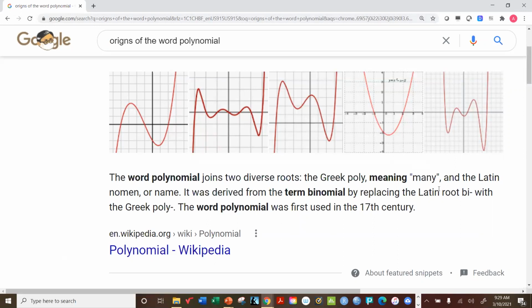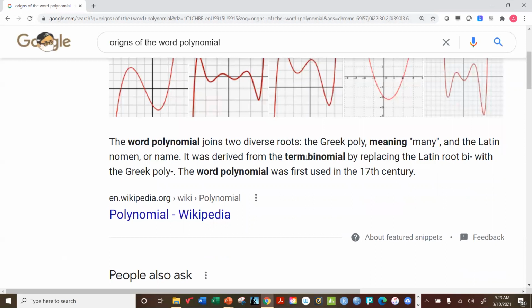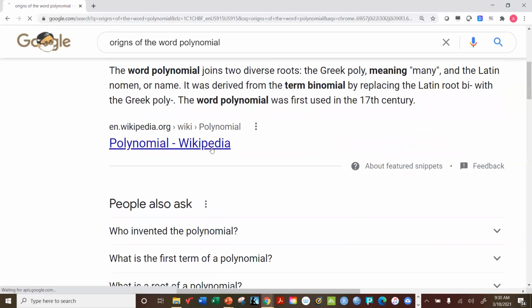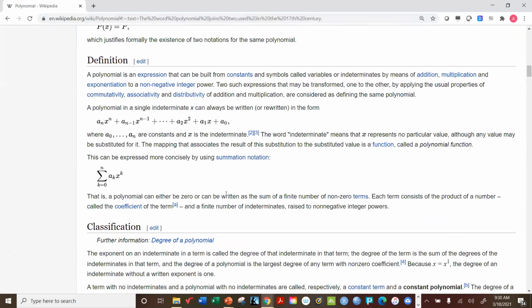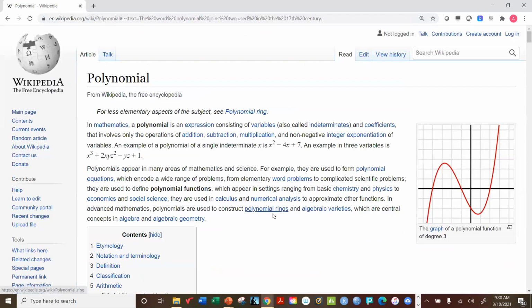Nomial could be better described as name. Look at this, though. The ancient Greeks didn't think of this word. It was first used in the 17th century. Some genius came along and said, why don't we call them polynomials? Prior to that, people had been using the word Latin. A binomial, bi is the Latin for 2, of course. How do you like that? Who would have thought that these words would be so interesting? But they are.